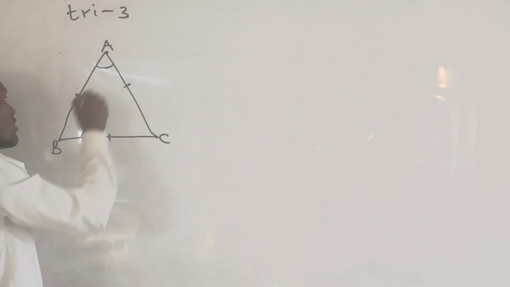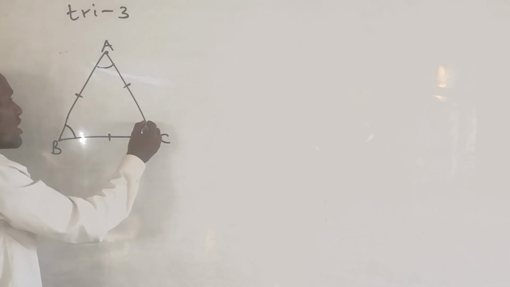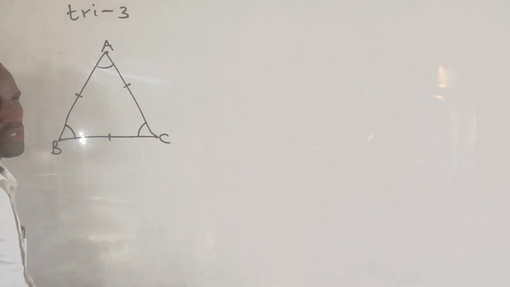This is the first angle, this is the second angle, and this is the third angle. We are told that when the summation of these 3 angles is obtained, it must give us 180 degrees.